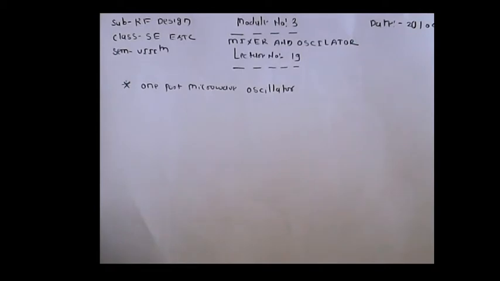So an oscillator is a device which converts a DC current into AC current, that is, it generates a frequency by itself.